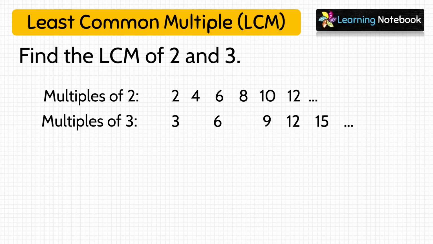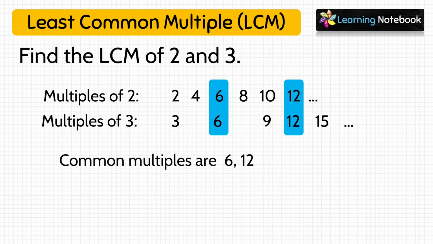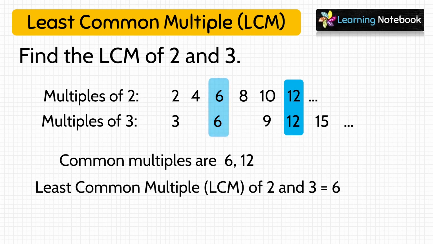Now, what are the common multiples here? Common multiples are 6 and 12. So, LCM of 2 and 3 will be 6 because 6 is the least common multiple of 2 and 3.